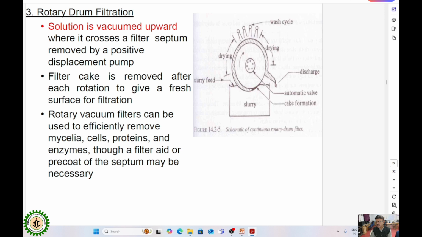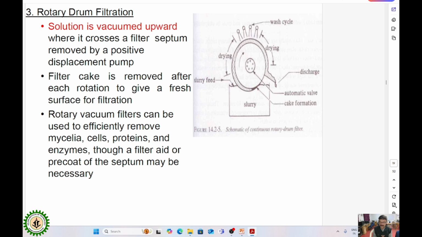By the action of the guide blade, the washed and dried cake is taken out from the surface of the filter media, and thus the solid material is separated in a continuous process.